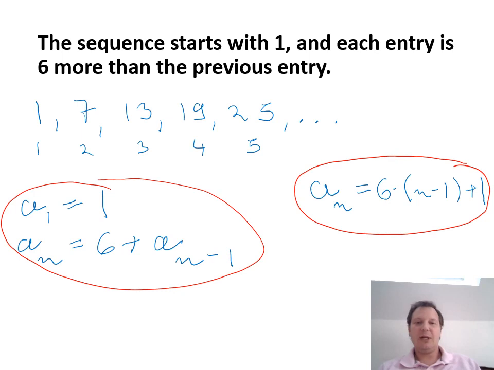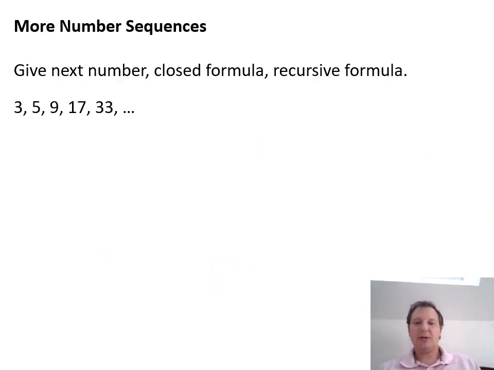So hopefully you now have a basic understanding of how to figure out closed and recursive forms for sequences. In the rest of the lecture, I have 2 more examples, and I will leave these for you to solve at home.